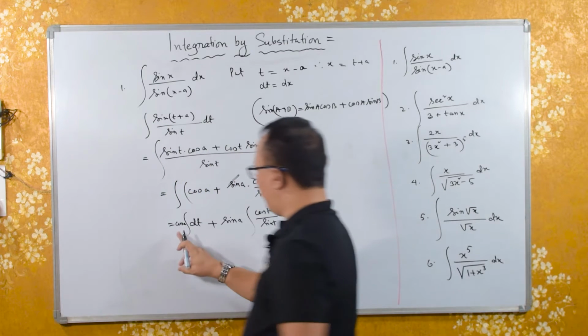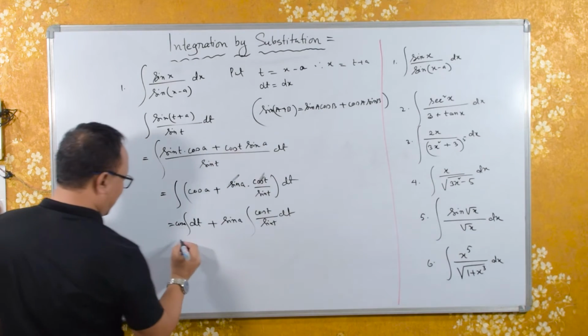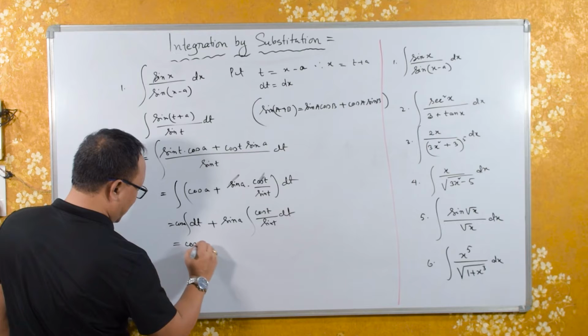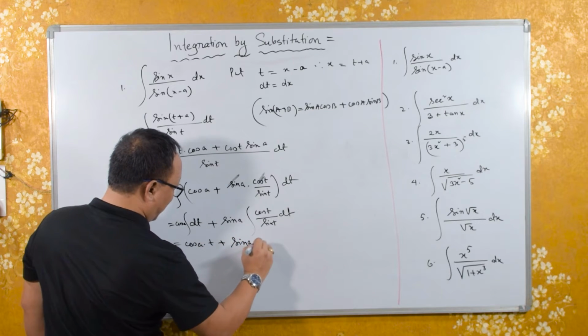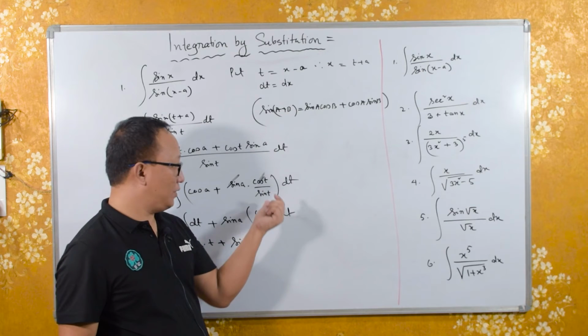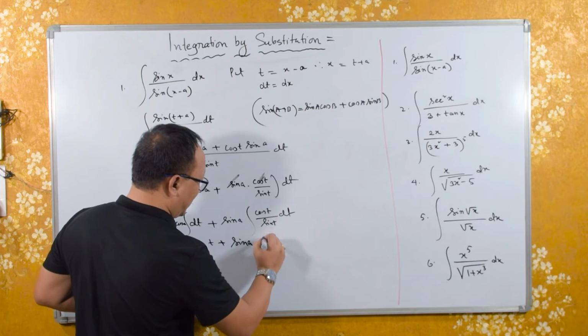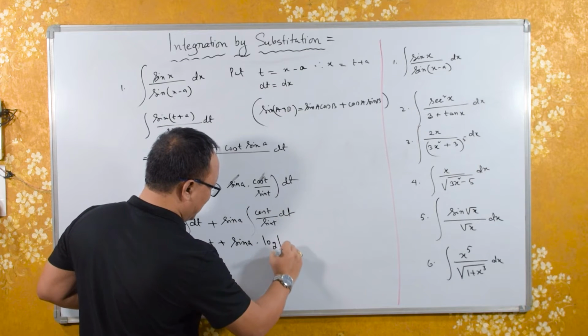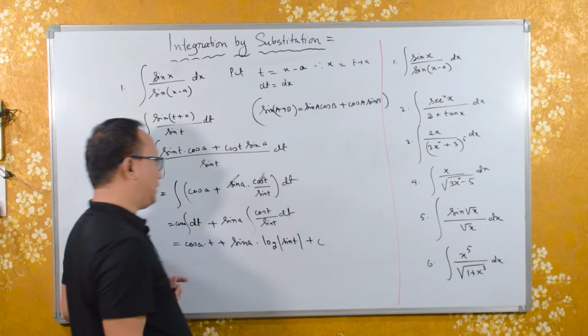Now the integral of dt is only t, so cos a into t plus sine a. If I differentiate sine t, I get cos t, so that integral is log of sine of t plus some constant of integration c.